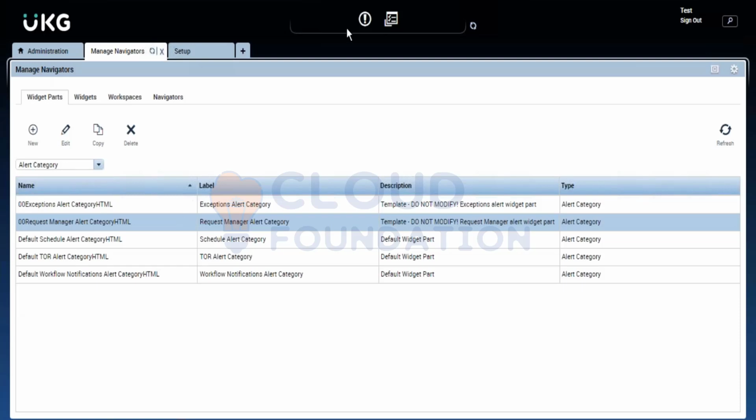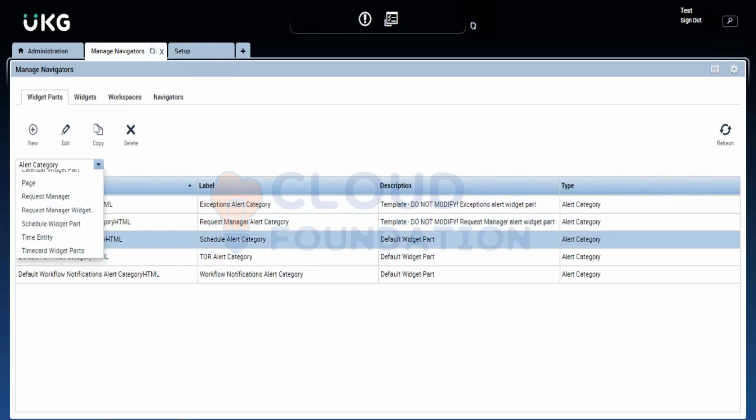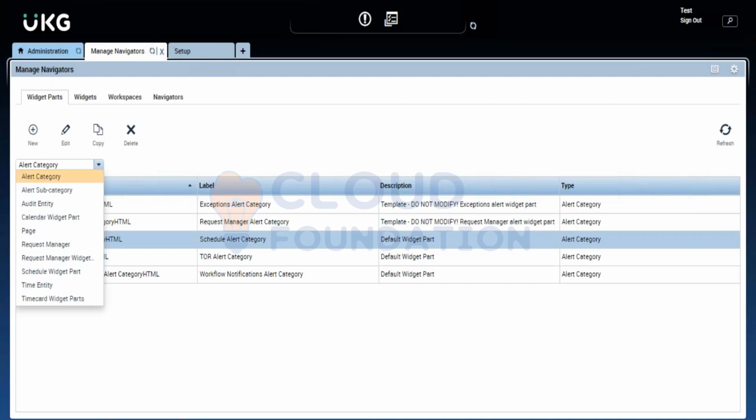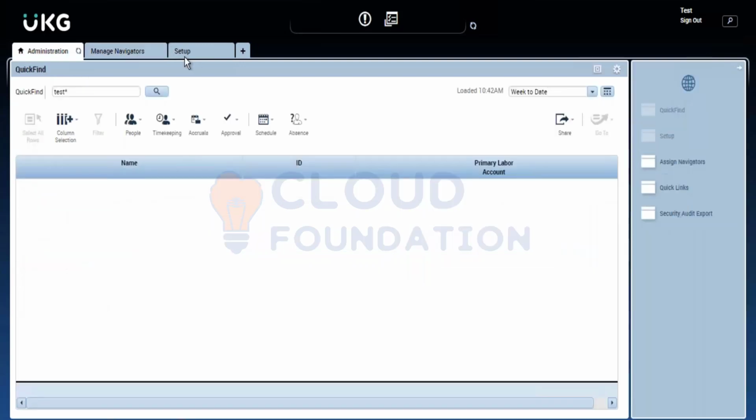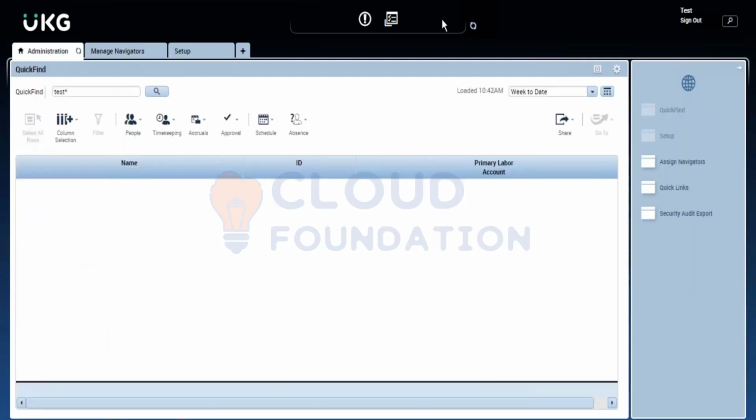This is the alert widget part. Similarly, you can set up something called a schedule widget. Mostly we only have an alert, because for schedules we just come to the right pane and check the schedules from there. So we don't set up any widget part for schedules, but you can go ahead and create schedule widget parts as well.